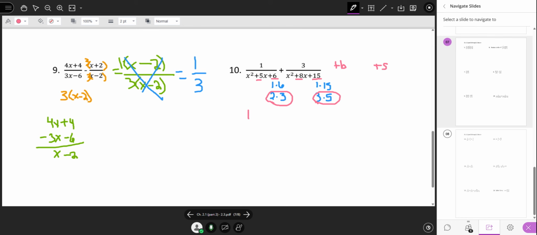So we get 1 over x plus 3, x plus 2. Ain't this a pain in the butt? And then x plus 5, x plus 3.